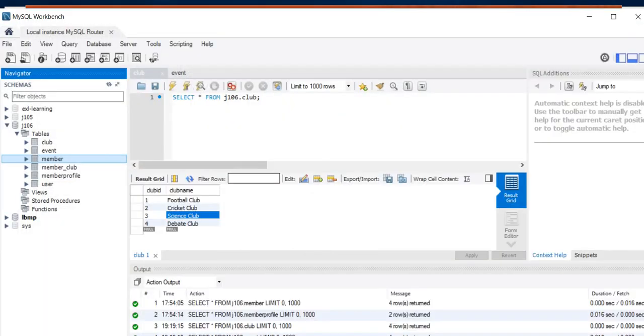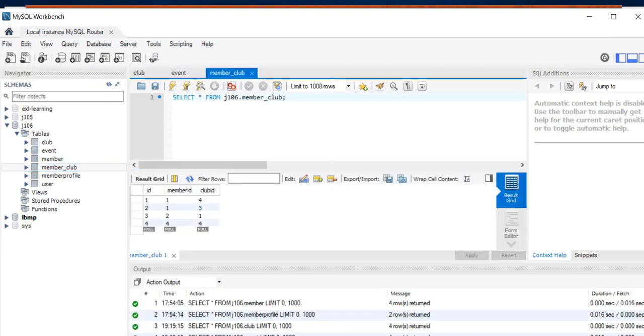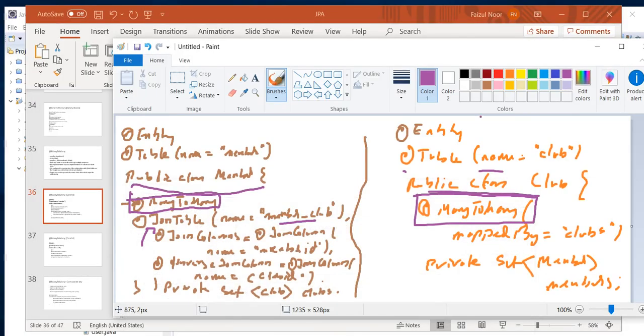So if I look over here, I have a member, a club, and then a member club. The member club is a kind of table which is holding both the relationship for the club and the member whenever they are going to have multiple instances.